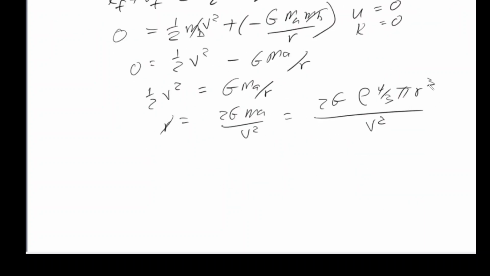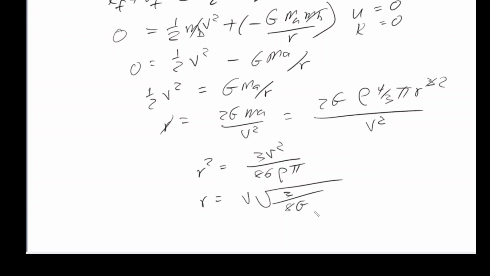This becomes 2, and if you go through this, r squared is equal to 3v squared over 8G density times pi, or r is equal to v times the square root of 3 over 8G density times pi.